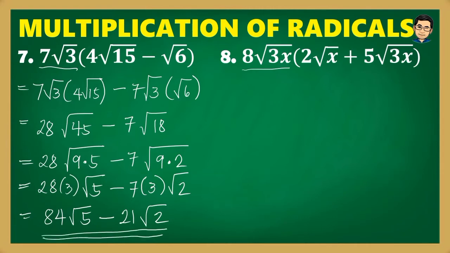Next, 8 square root of 3x times the sum of 2 square root of x and 5 square root of 3x. So pwede siyang distribute as 8 square root of 3x times 2 square root of x plus 8 square root of 3x times 5 square root of 3x.